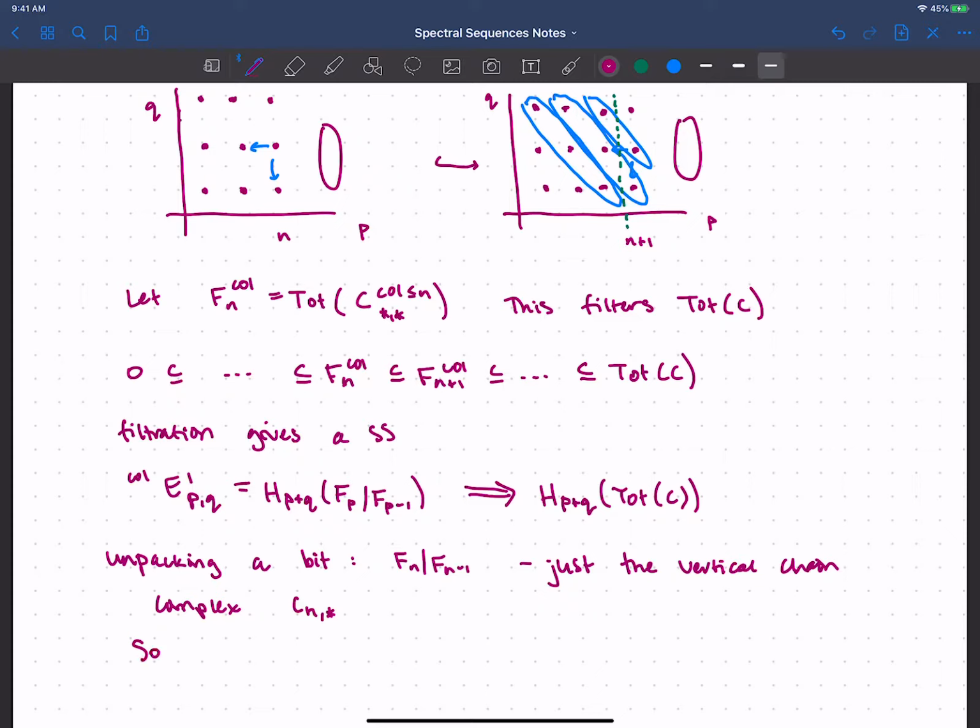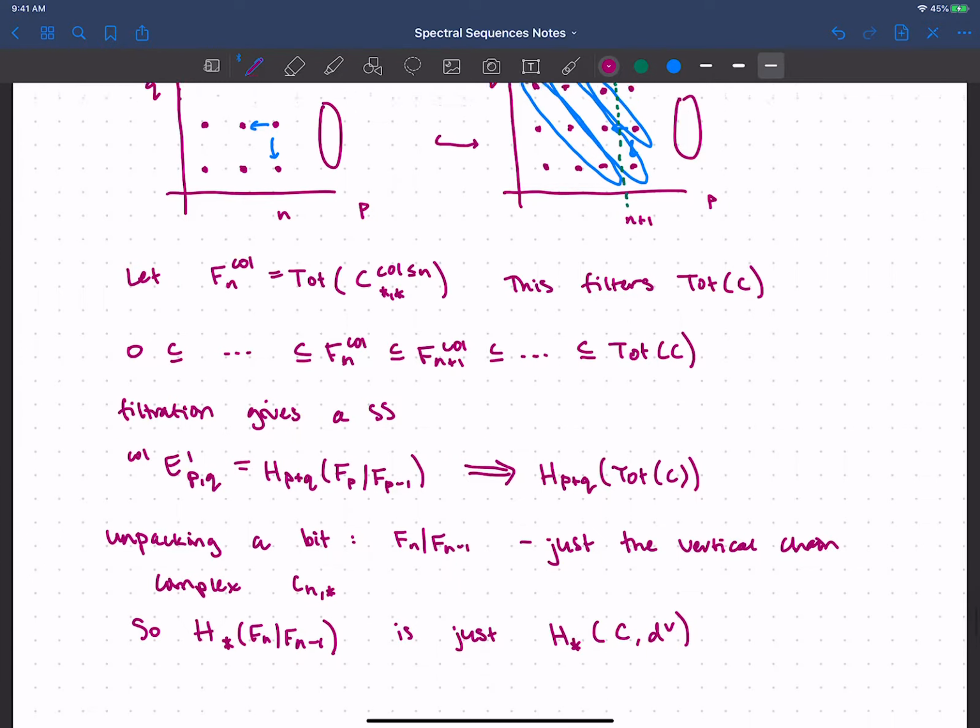So when I look at the homology of that filtration quotient, in each spot I'm really just taking the homology with respect to only the vertical differential. I just mean I'm taking the homology of each of these columns, which are just these singly graded chain complexes, and I'm only using that vertical differential.